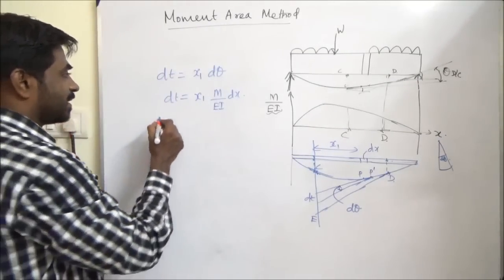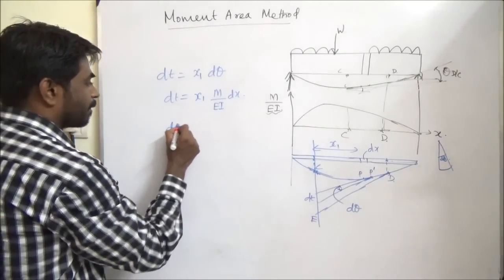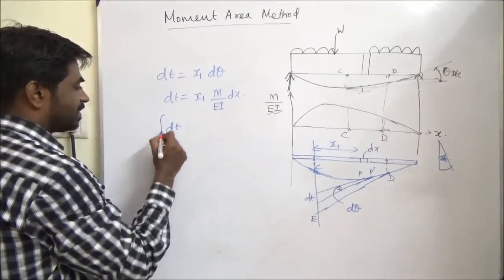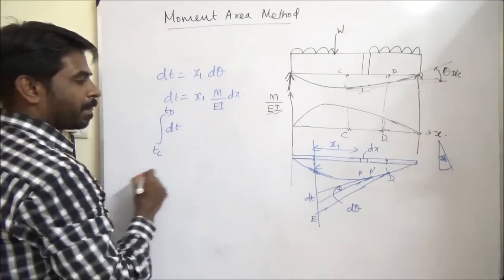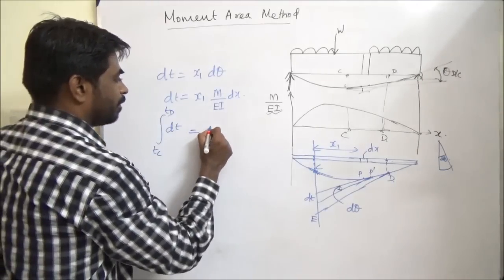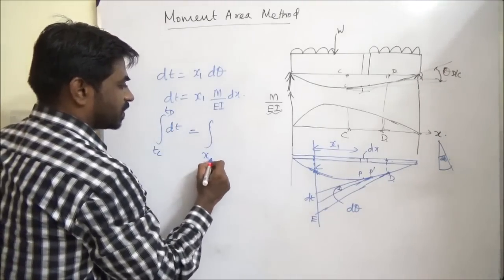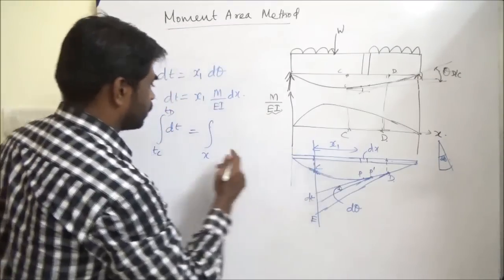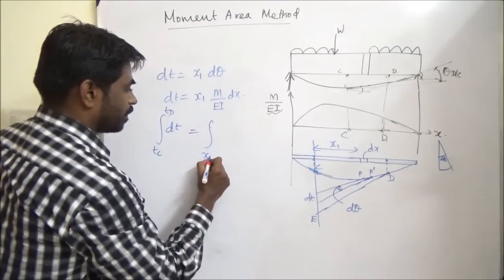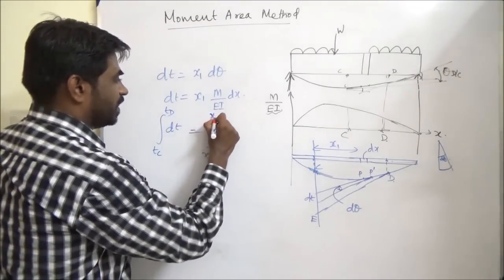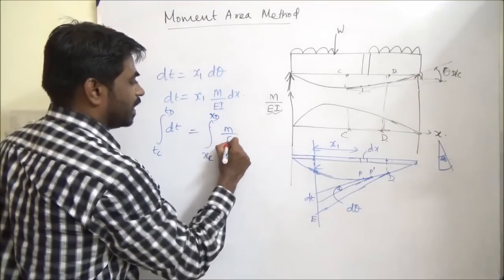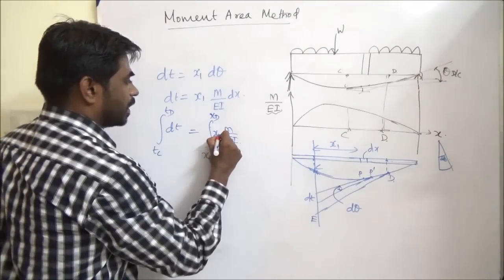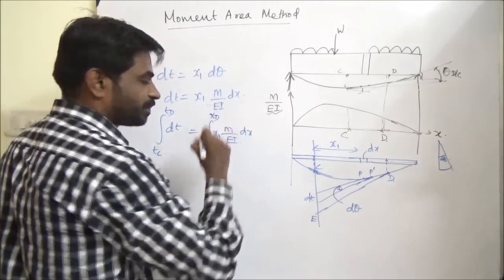If we integrate between TC and TD, x, okay, see, x M by EI x1 dx.